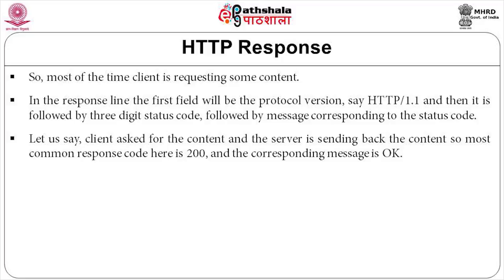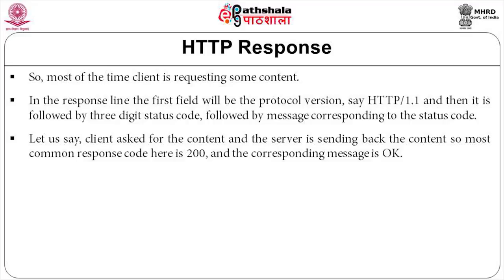In the response line, the first field would be the protocol version. So it says HTTP. Most commonly, HTTP protocol 1.1 is being followed, so it may first look like HTTP/1.1. Then it is followed by a 3-digit response code.